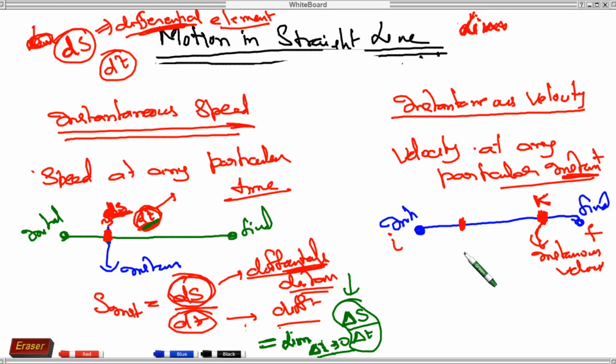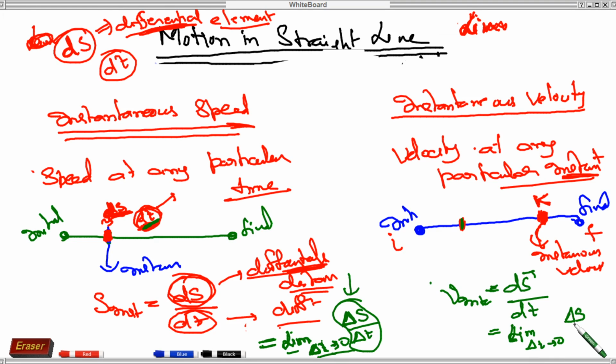Okay. Similarly, here also v instantaneous will be whatever displacement for this, ds over dt. In the same way, for limit also we can represent it like this: lim delta t tending to 0, again delta s over delta t.